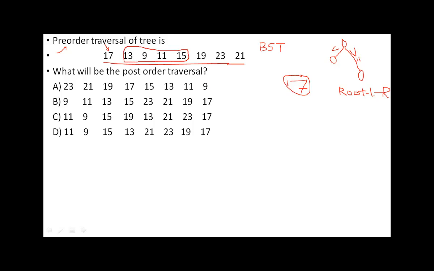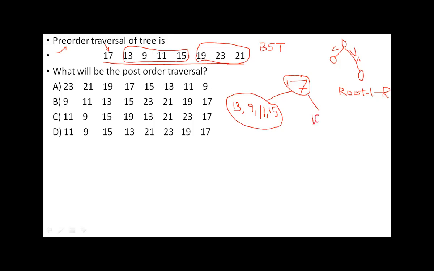So all these elements, 13, 9, 11, then 15, will be in the left subtree, and all the elements greater than 17 will be in the right subtree. So this forms the right subtree.